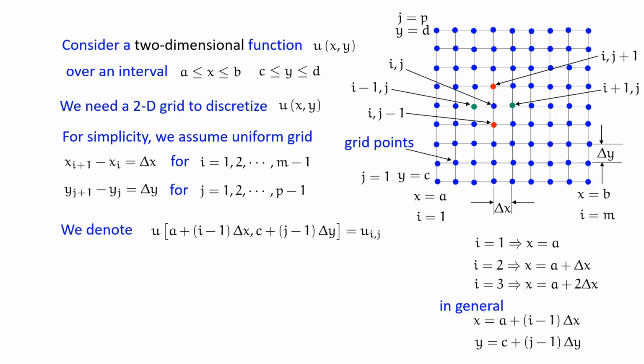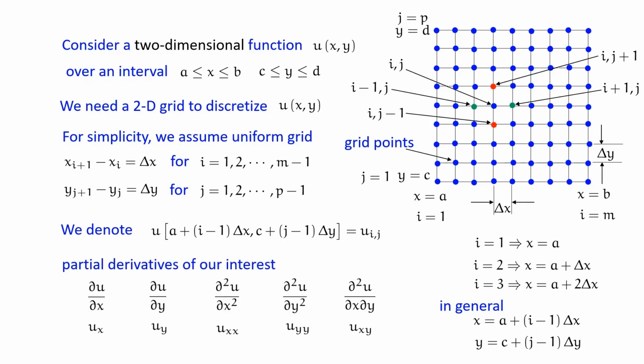That means we denote u at (a plus (i minus 1) delta x, c plus (j minus 1) delta y) as u(i,j). So the physical xy location in the discretized domain is the ij location.